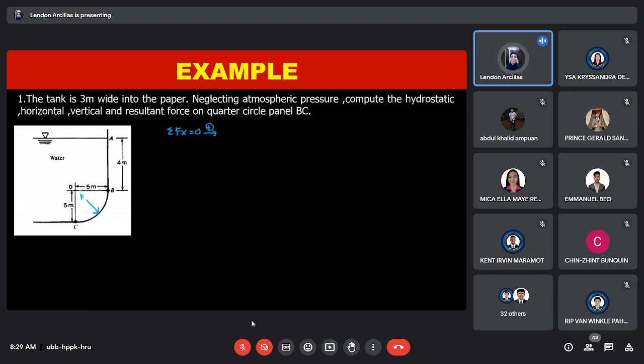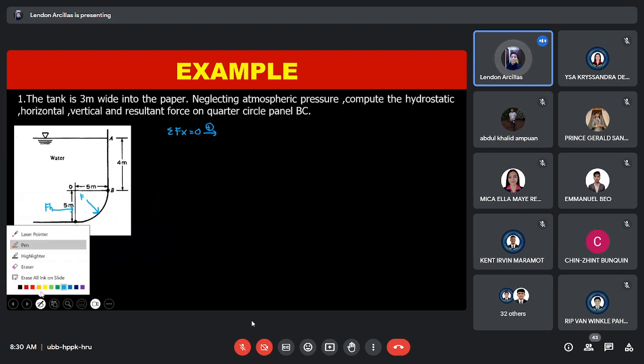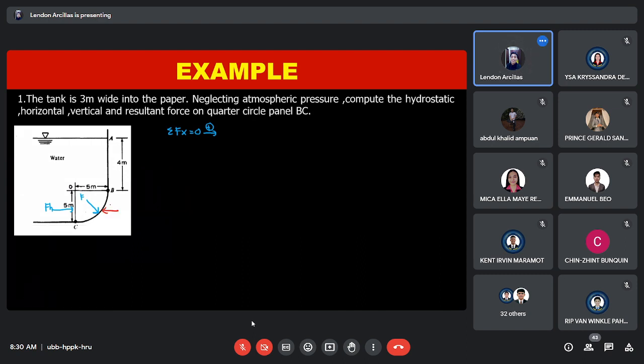So, ito yung F of H to be countered by F of X. And F of Y, this one, to be countered by F of V and F of W. Okay, so F of X is just a summation of X at the horizontal axis wherein ang F of H natin is positive and yung F of X natin is minus.